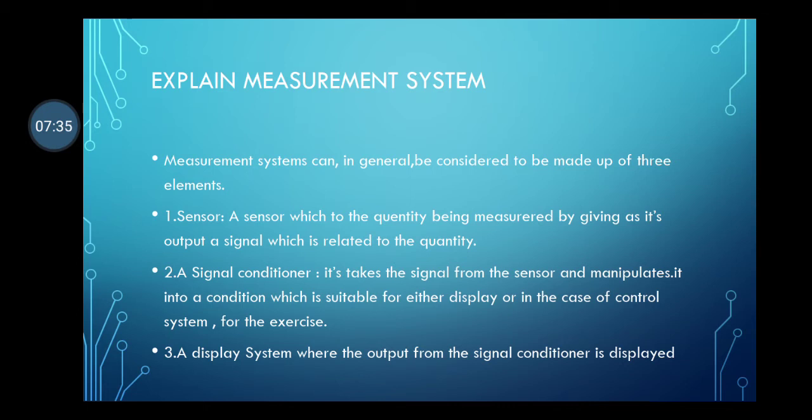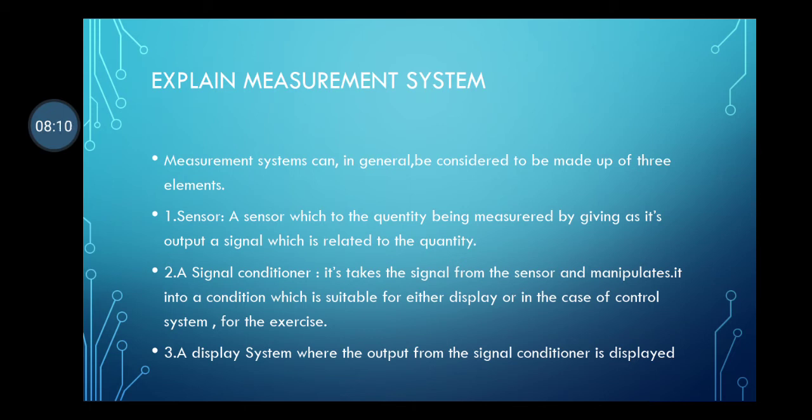The first one, a sensor, which responds to the quantity being measured by giving as its output a signal which is related to the quantity. Here the quantity is being measured.